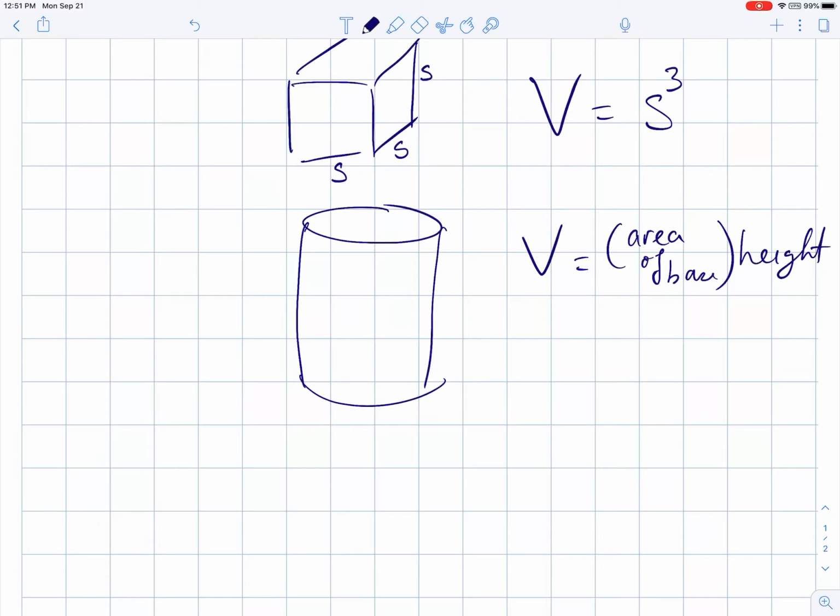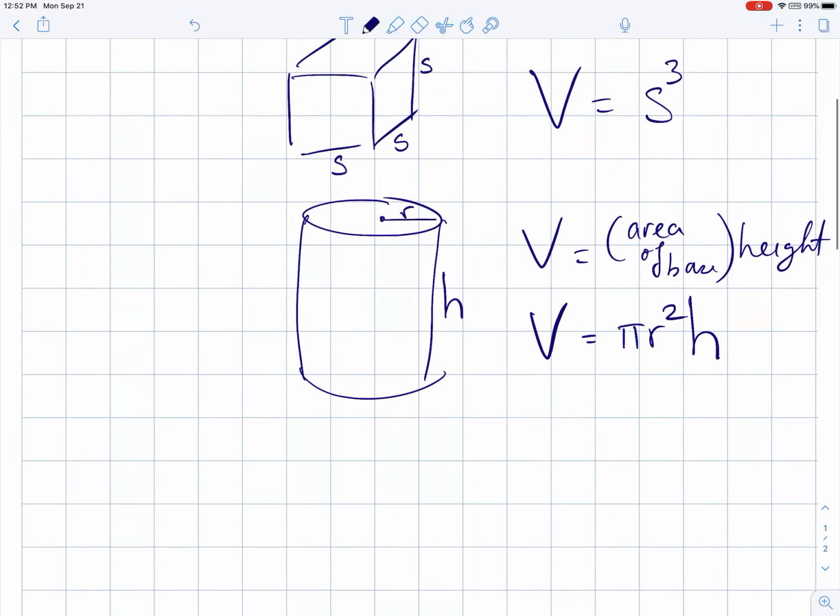Now, in this case, the base is a circle, and the area would be based on its radius, right? So the area of the base is pi times r squared. That's how you'd find the area of a circle, and then you'd multiply that by h, the height of the cylinder. So V equals pi r squared h is the formula for volume of a cylinder.